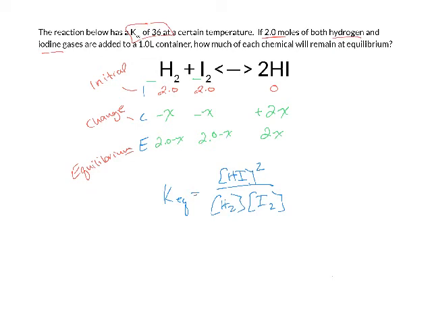So now we are at a position where we have Keq equal to (2x) squared divided by (2.0 minus x) times (2.0 minus x).